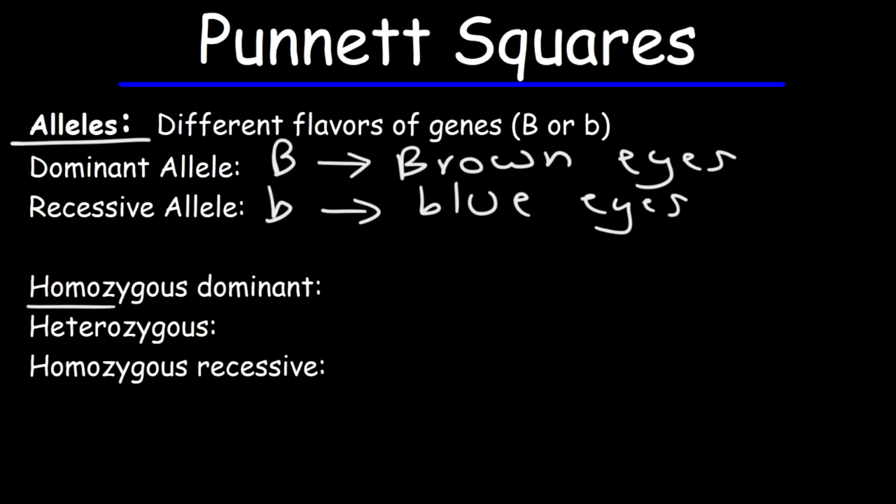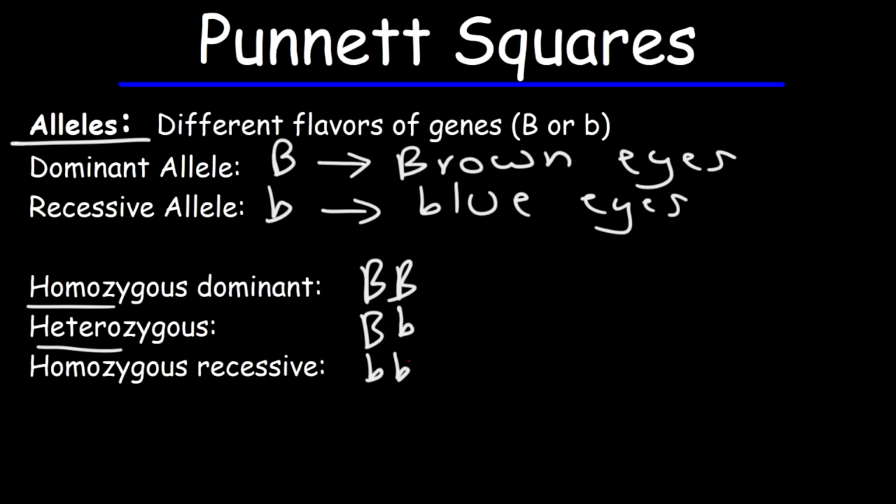So, a person with a homozygous dominant trait would have two capital letters or two dominant alleles. In this case, B and B. Someone who's heterozygous has a dominant and a recessive allele. Hetero means different. Homozygous recessive, they have the same recessive allele. In this case, two lowercase letters.